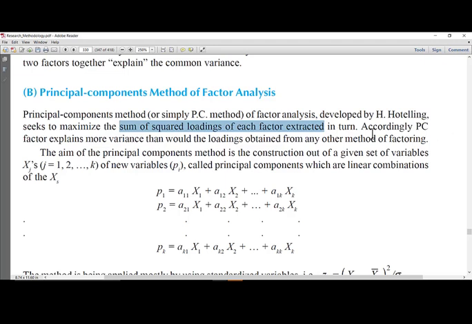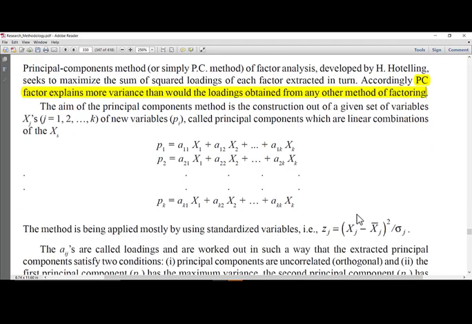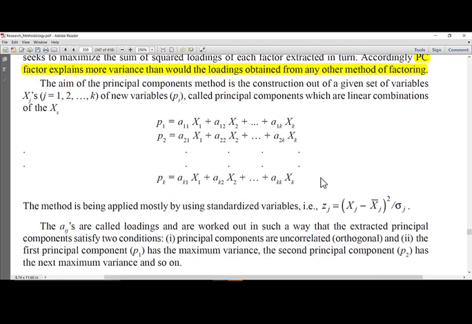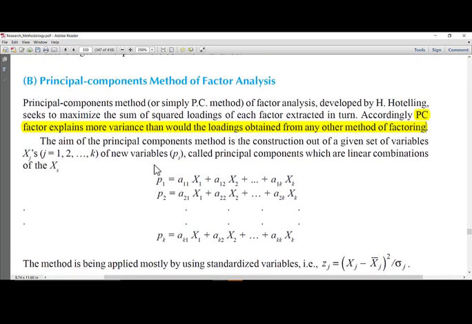And more importantly, this PC factor explains more variance than would the loadings obtained from any other method of factoring. This is an important point. There are many methods of factor analysis, and out of all those, this principal components method is considered to give more explanation about the variance.